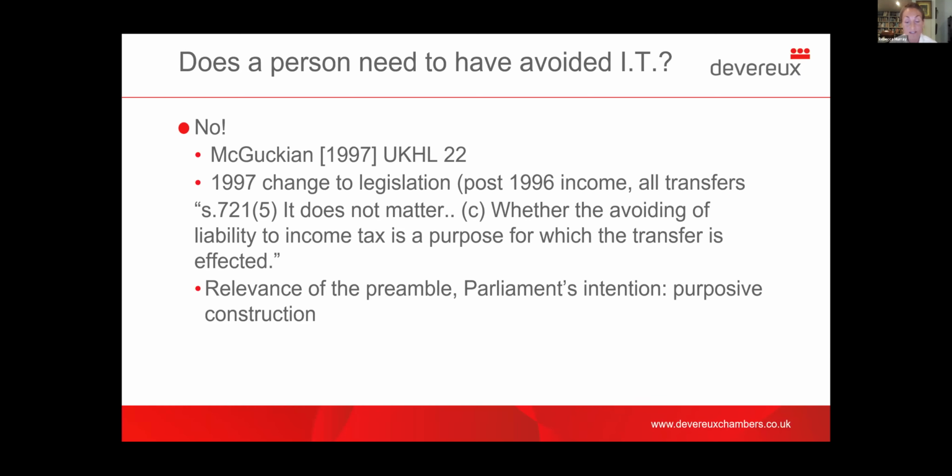The preamble simply states the intention of Parliament in enacting the rules. And rightly, in my view, it wasn't argued by the taxpayer in Fisher that income tax does not in fact have to be avoided in order for the rules to apply. So you'll see that income tax was not in fact avoided by the Fishers.